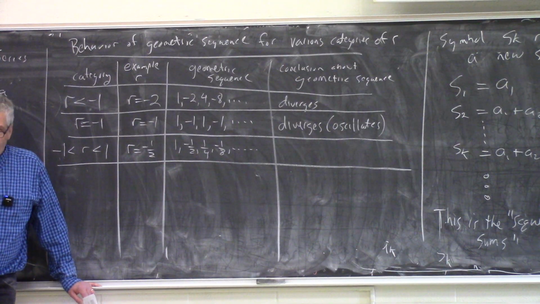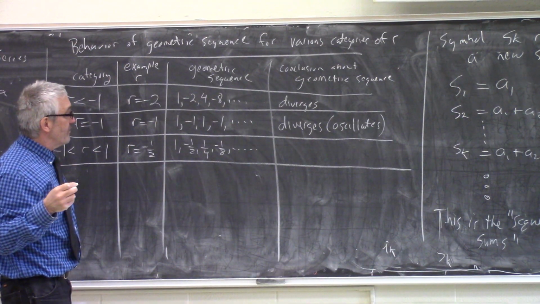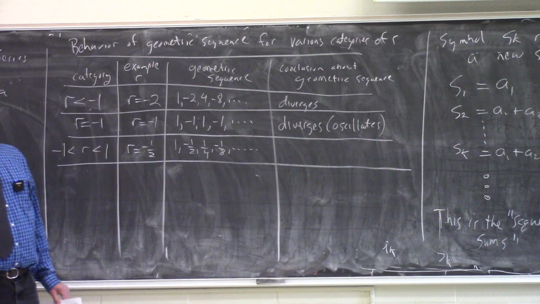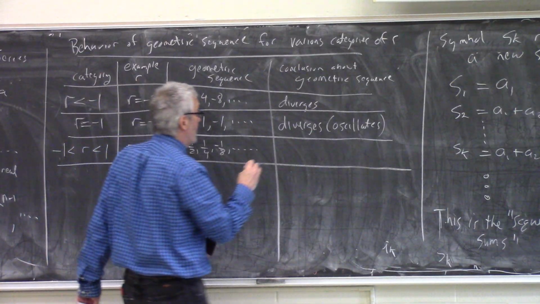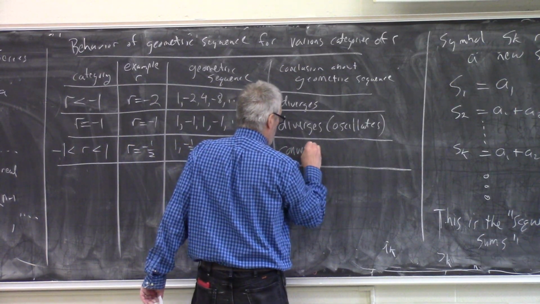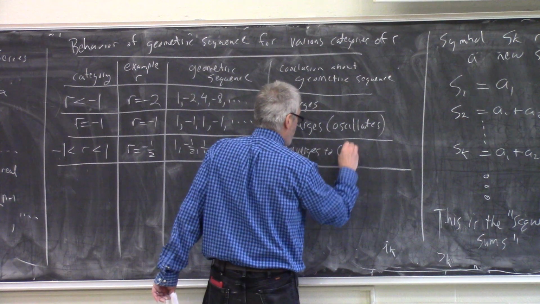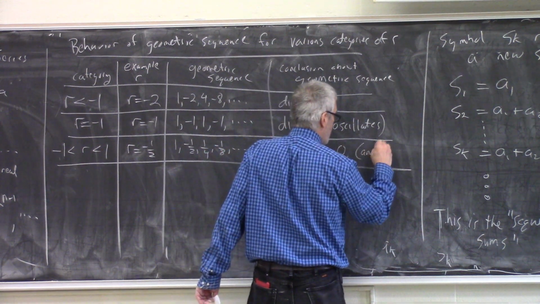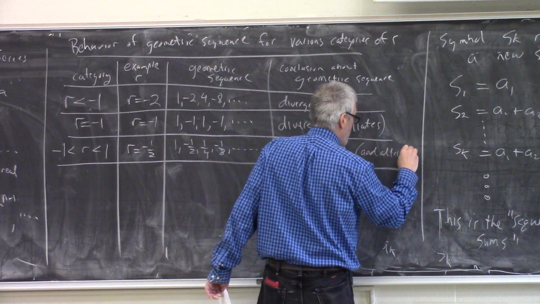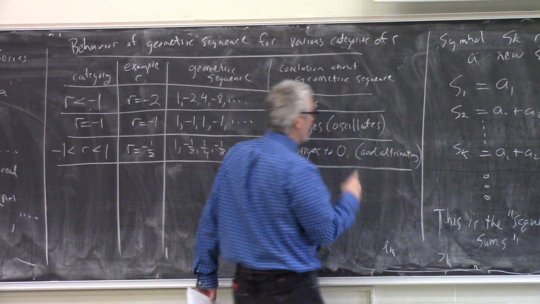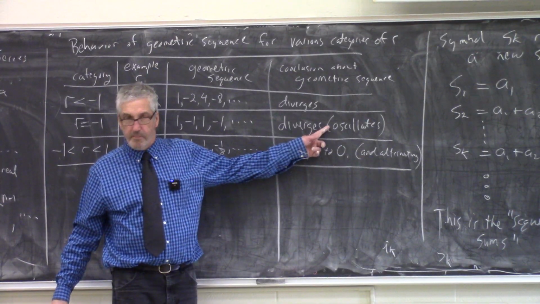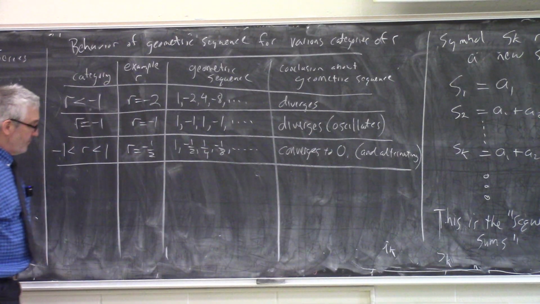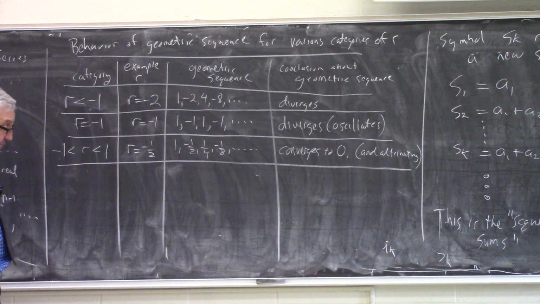Converges to 0, because the terms are getting closer and closer to 0. It is alternating. The consecutive terms have opposite signs. So again, oscillating is a special kind of alternating where the terms don't get closer and closer to some number. A sequence can converge and be alternating.